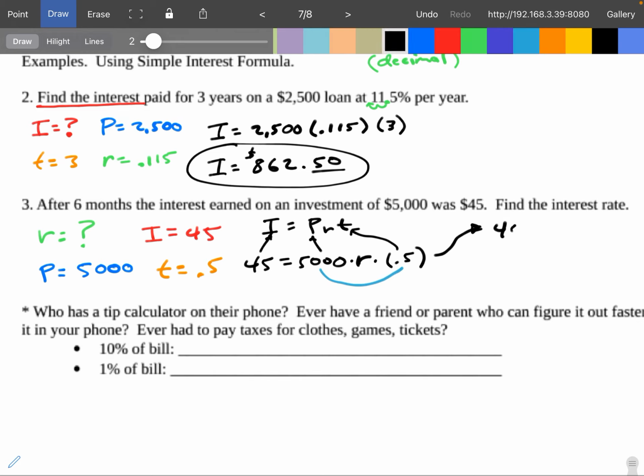So if I multiply those two together first, what's 5,000 times 1/2? 2,500. Yeah, it's 2,500. So now we get an equation that looks like 45 equals 2,500 times R. Now, how do you get the R all by itself? Divide. Yep. Yeah, good. Divide both sides by 2,500.